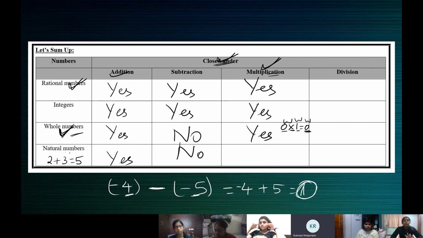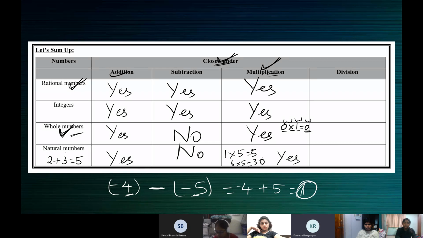And again, natural numbers, when you multiply two natural numbers, like 1 into 5 or 6 into 5, the product is also a natural number. You can take examples to understand this.